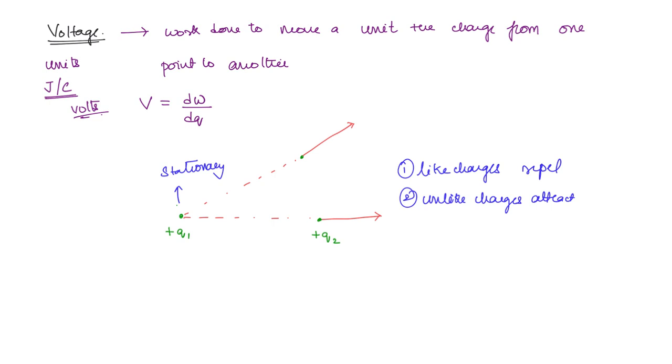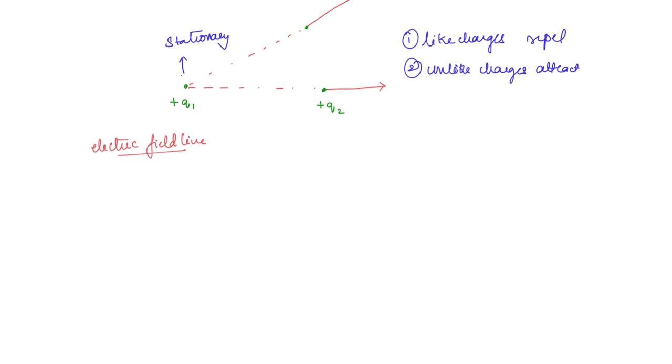So now you can introduce the concept of a field line here, the electric field line. What is this electric field line? If you take the positive charge Q1, then you can draw lines which are pointing radially outward. These are the electric field lines of a positive charge. So what do they mean?